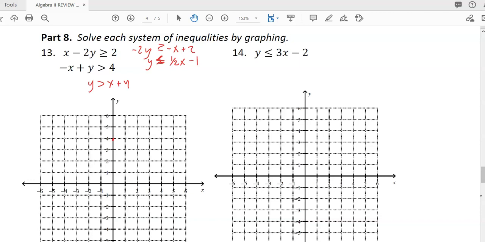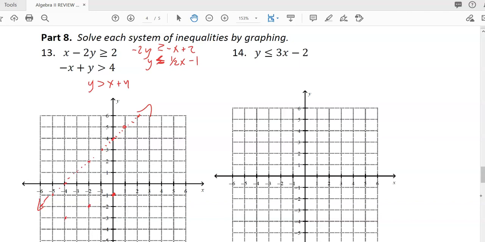So x plus 4, the slope is 1, looks something like that. Lots and lots of slope points, so we draw this line accurately. And it's a dotted line. And we're going to shade above that one because it's greater than, but let's just wait until this one. So 1/2 x minus 1, so slope is positive 1/2.